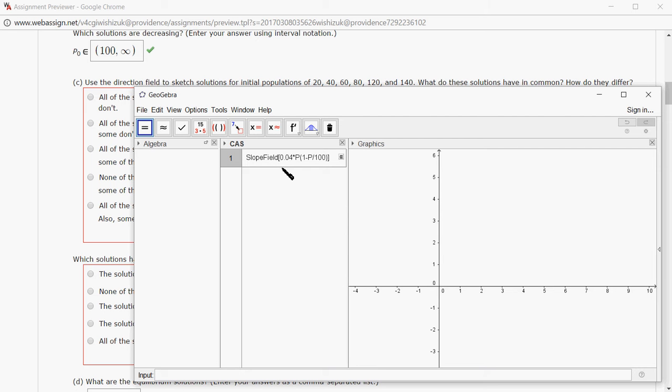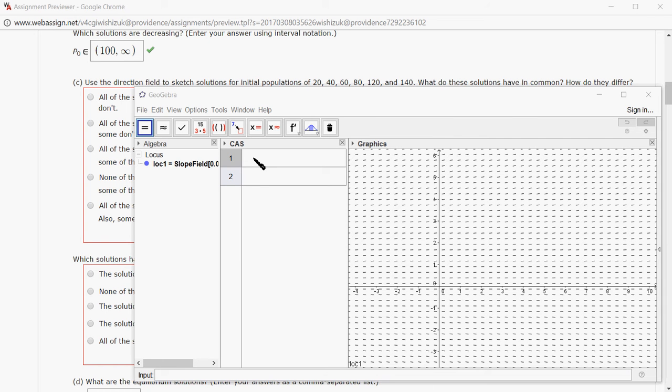Let's hit enter. Let's click here. If I can click it. Alright, hold on. I cannot click this. Hold on a sec.